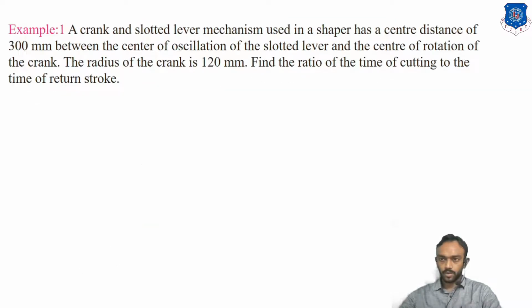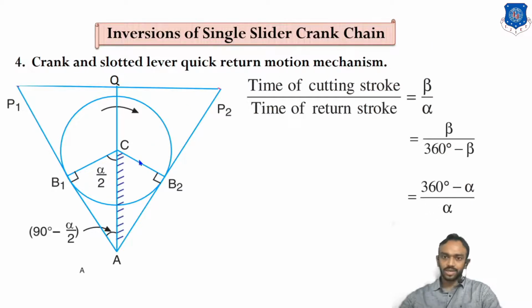So as you can see the given data, a crank and slotted lever mechanism used in a shaper has a center distance. First of all, before going further, check what the distances are. Center distance means, you can see, this is the center of the crank.